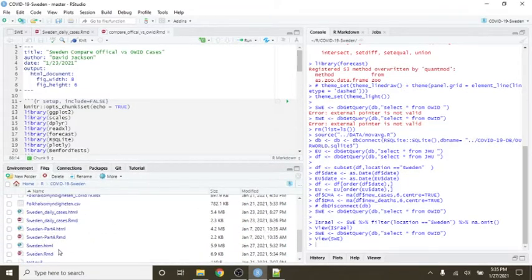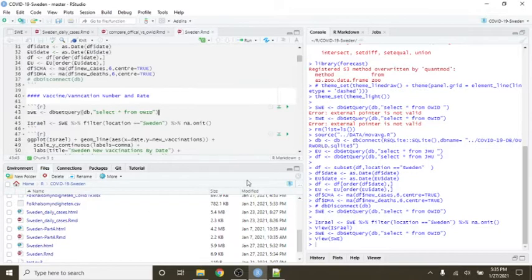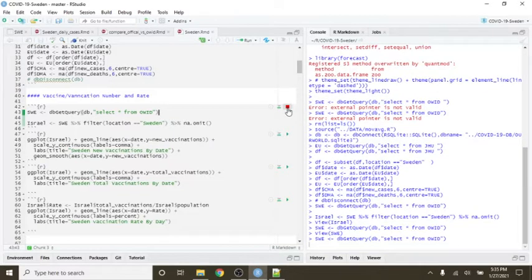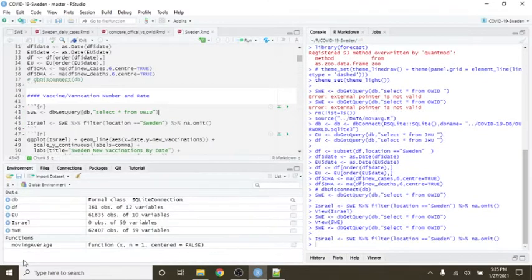Hmm, that's kind of strange. Let's see if we still got the link here. Sweden. So let's run this again. Israel has 0 things.